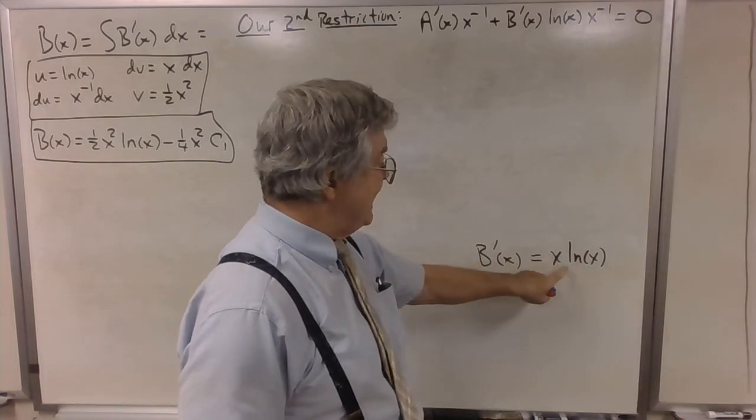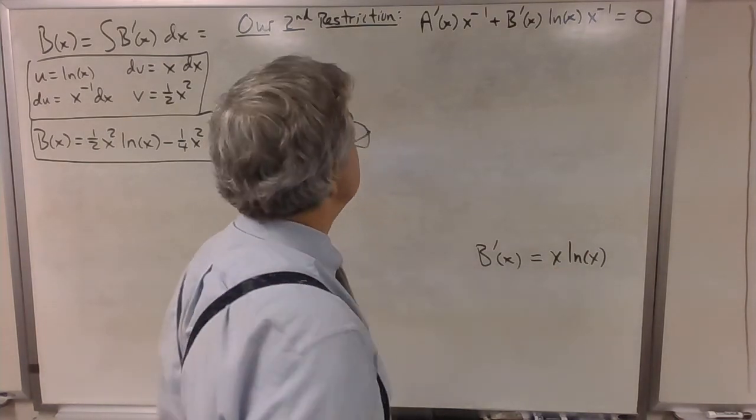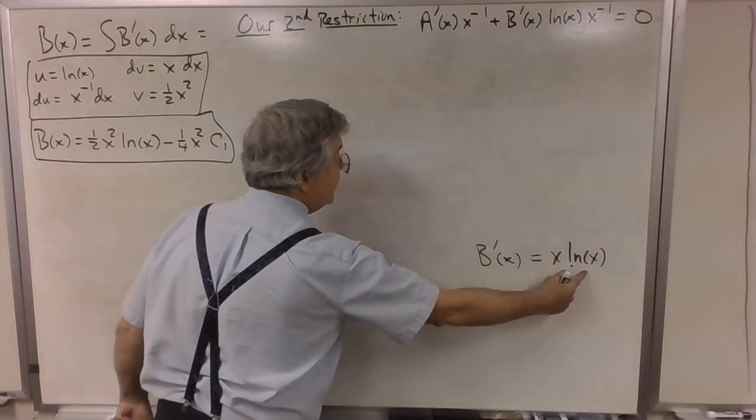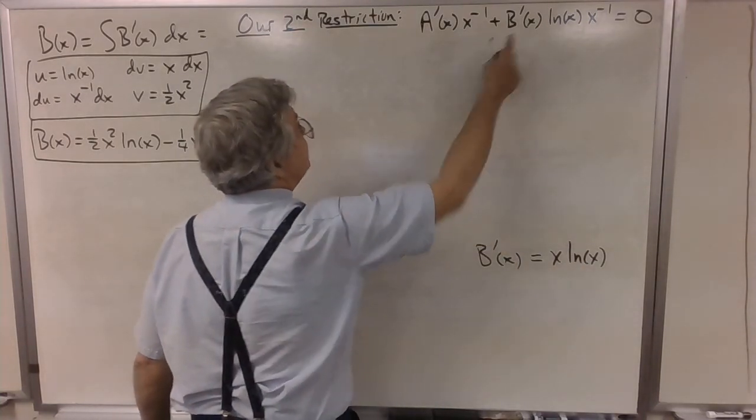b prime is x natural log of x. And we're going to take x natural log of x and plug it in this equation for b prime.